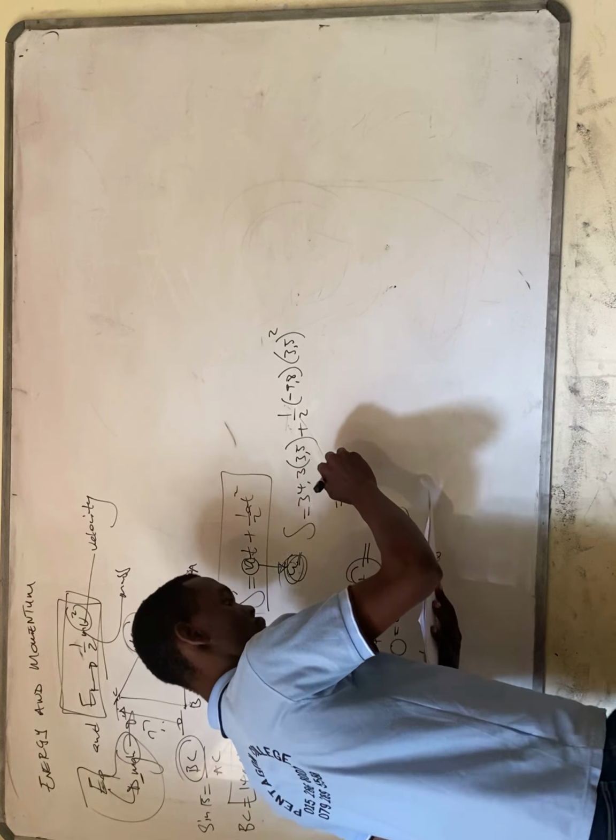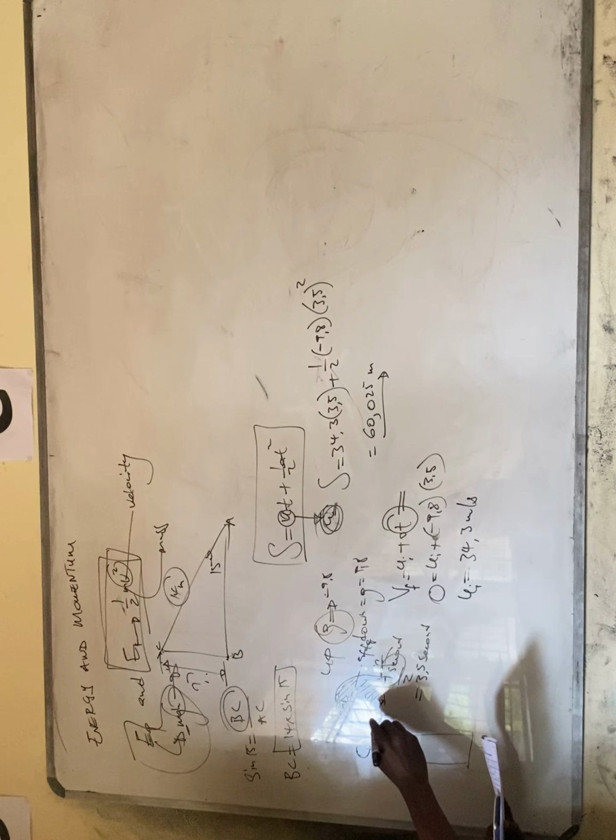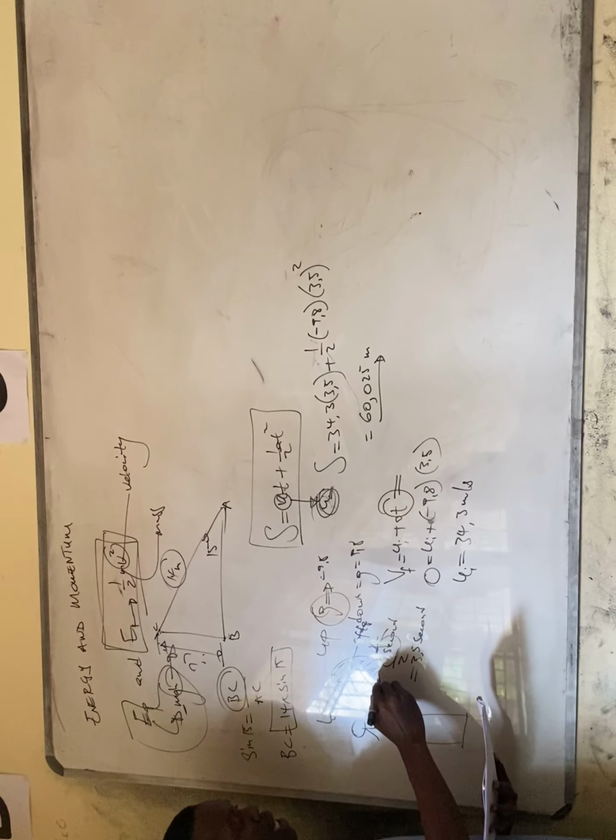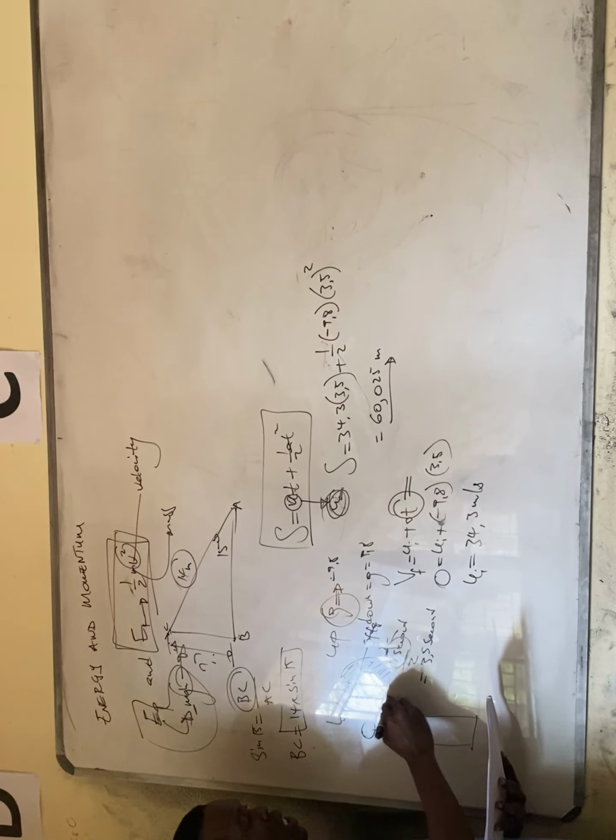Now see the next question: calculate the total distance covered by the ball. We have this portion again, which is the final. We know that this height must be twice, because we have the distance for initial and the distance for final.